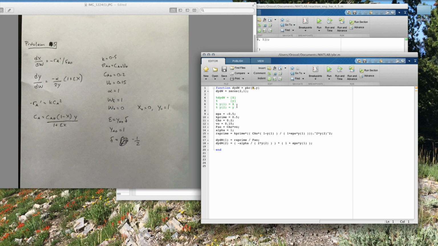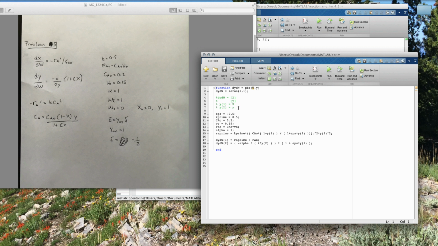And so that's why I have that set up with the 2 and the 1, and then I just defined y1 is equal to x, and y2 is equal to y.